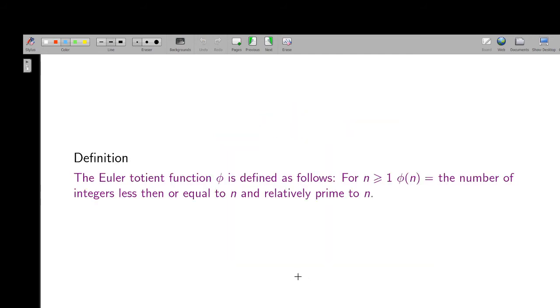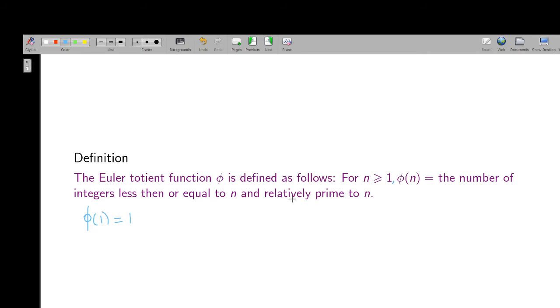Okay, so now we will define the Euler-Totient function, which you are already familiar with, so I don't need to say anything. For any n greater than 1, phi of n is the number of integers less than or equal to n and relatively prime to n. Therefore, writing the Euler-Totient function for the first few integers, phi of 1 will be 1.